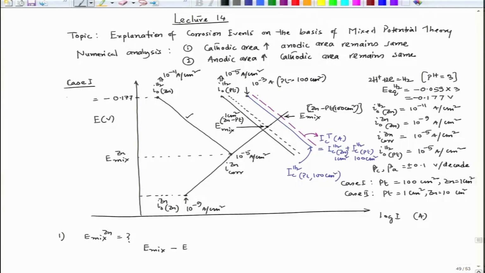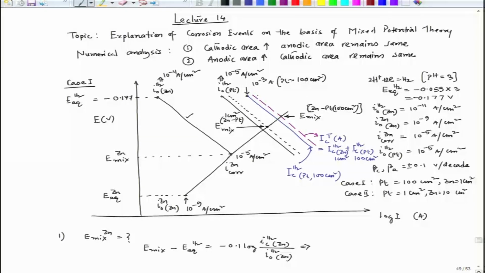so this is nothing but E equilibrium hydrogen, this is E equilibrium zinc, equilibrium hydrogen equal to minus 0.1 log of IC hydrogen over zinc divided by I0 hydrogen over zinc.